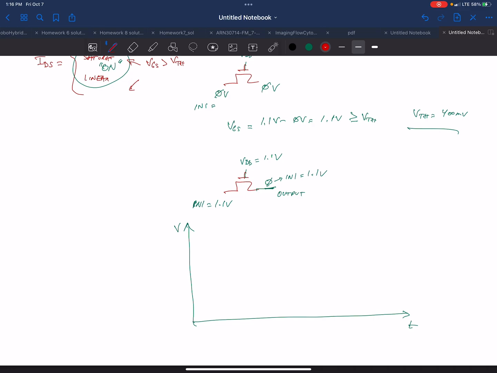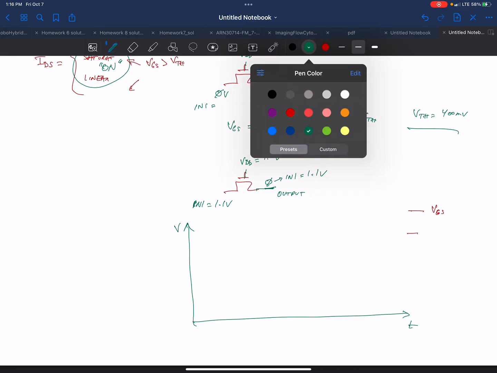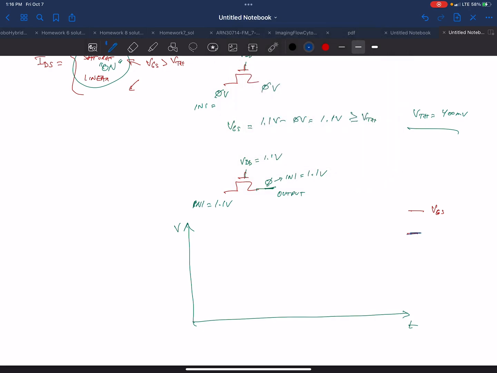Okay, so red is going to be V gate source, and my green, let's make it blue, is going to be V out. Okay, so look at what happened to V out. Initially, V out is at 0 here. Then it's going to start going up, right? It's going to try to go up to 1.1 volt. Let's say this is 1.1 volt.